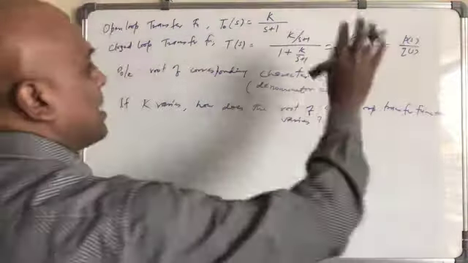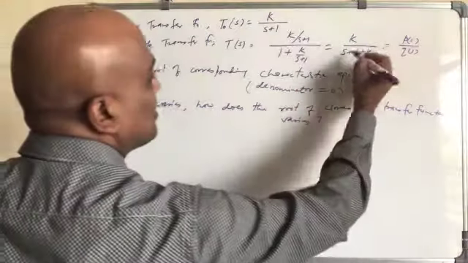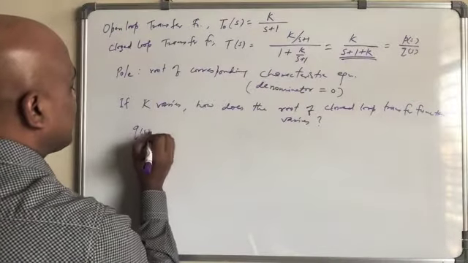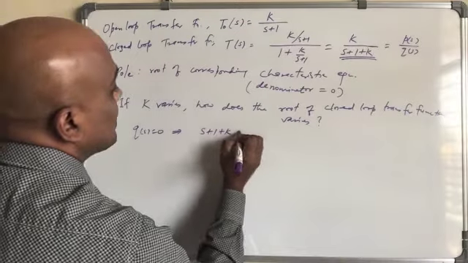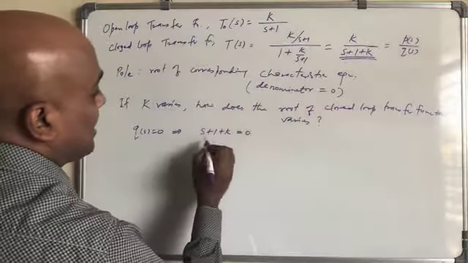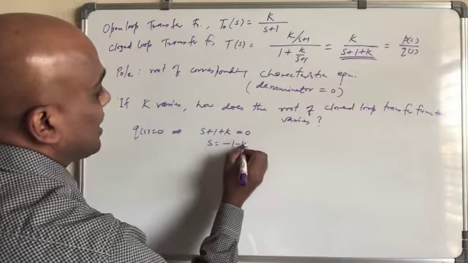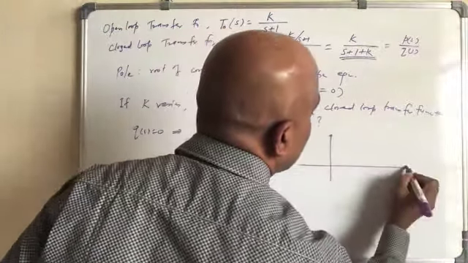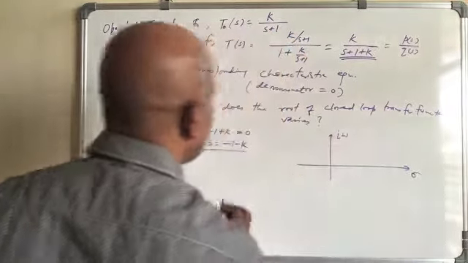Anyway, our characteristic equation, the Q(S) equal to 0, tells me S plus 1 plus K equal to 0, and we know that S equal to minus 1 minus K. If you want to plot it here, we have sigma and j omega.